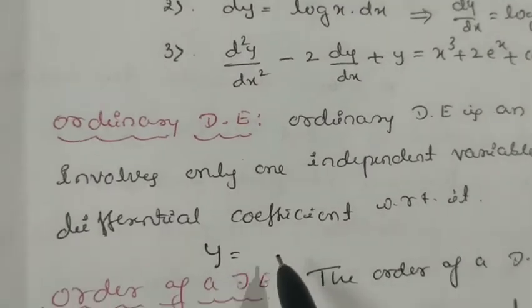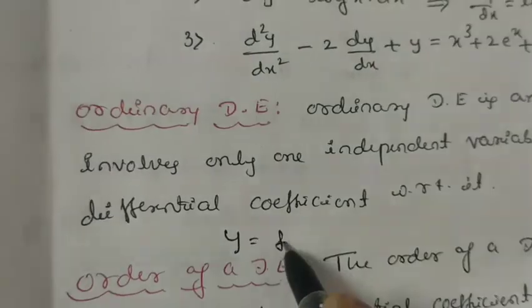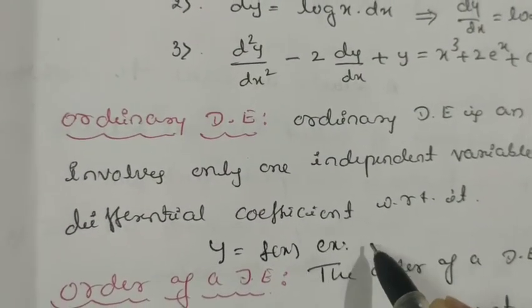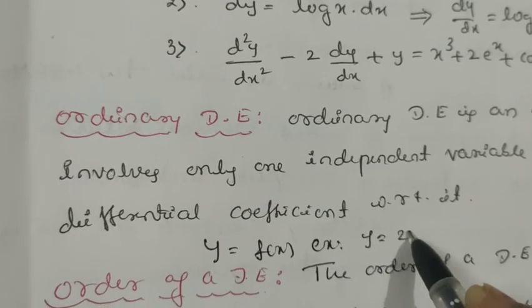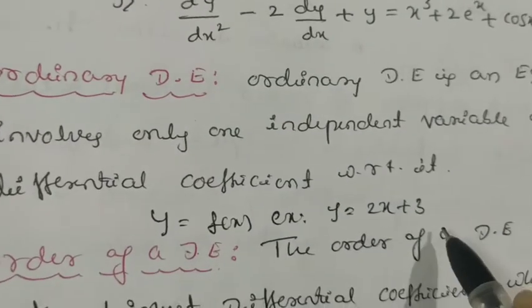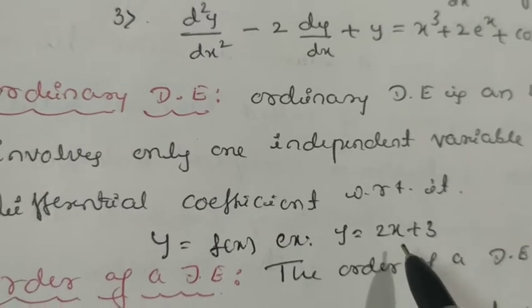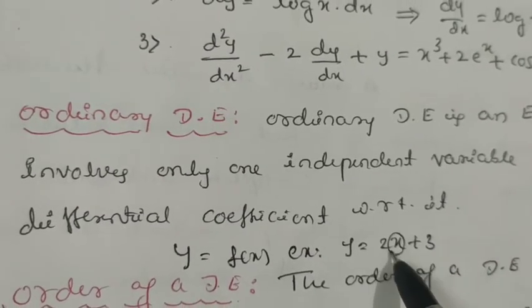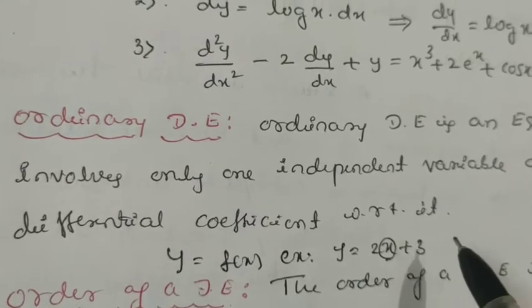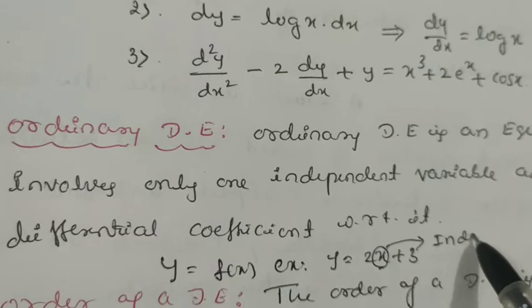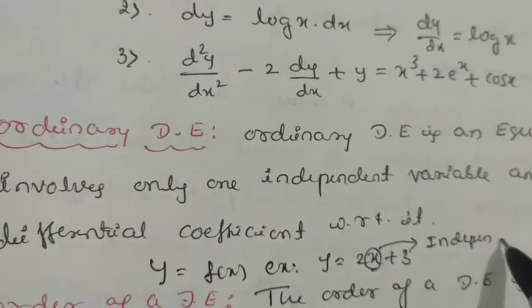Y is equal to f of x is an equation. Let us take one example only: suppose we have y is equal to 2x plus 3. This is a common equation. Here we call x the independent variable and y the dependent variable. x is independent because we can give any value to x.